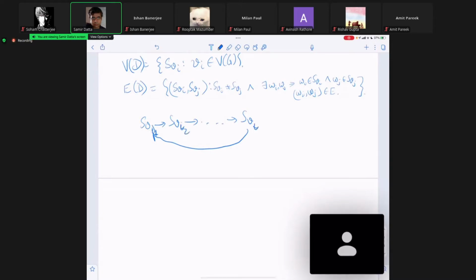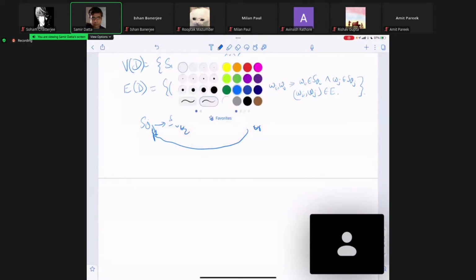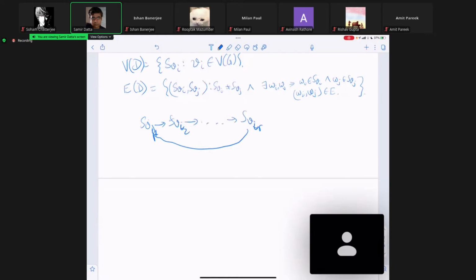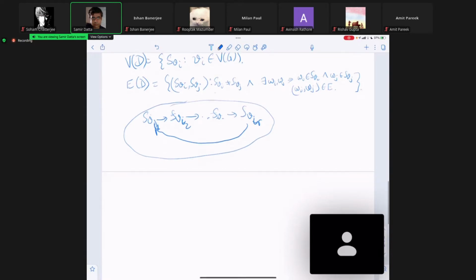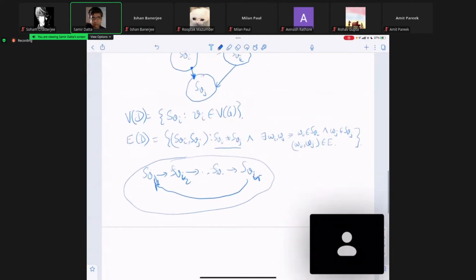Then you can go from a vertex here to here and a vertex from here to here, and inside these you can go any which way. So finally, the entire thing falls in one strongly connected component. So they will not lie in distinct strongly connected components, but that was contrary to the assumption that SVi is not equal to SVj. Therefore, this D is a DAG.